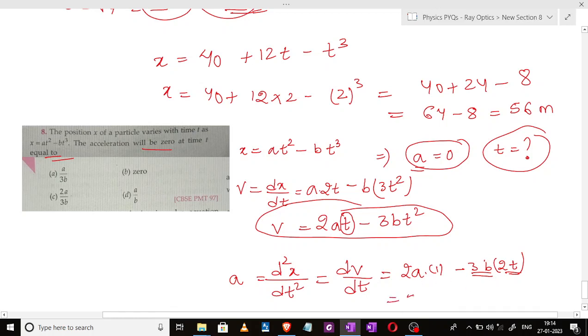So 2a into 1 is 2a minus 3 into 2, 6bt, right? 2a minus 6bt.